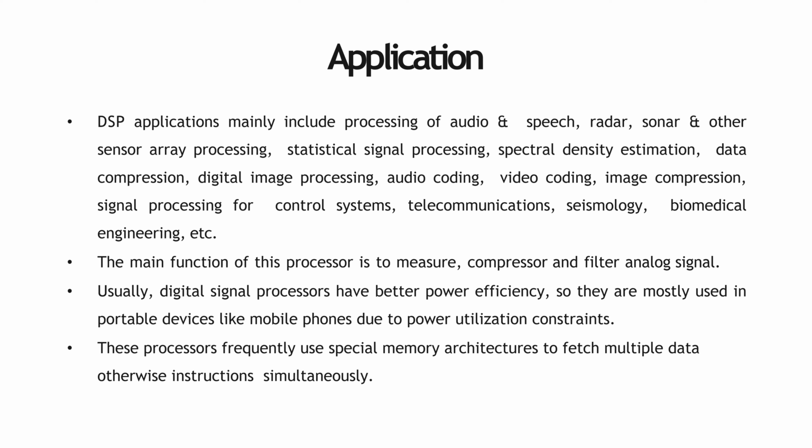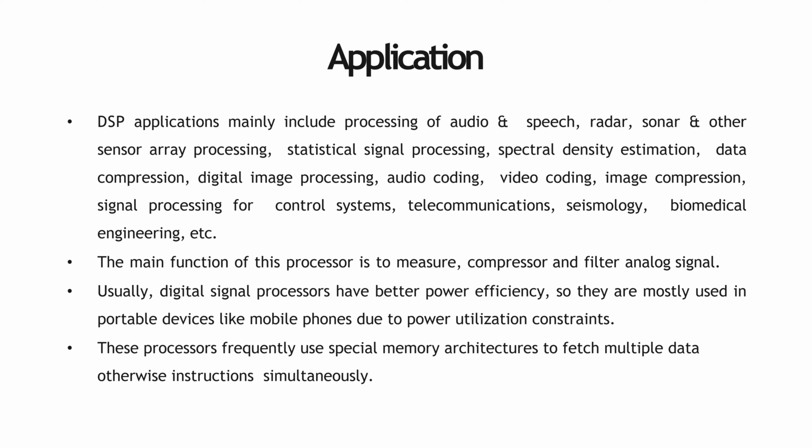So as we saw before, DSP converts real-time analog signals into their discrete equivalent form to perform various operations. Hence, we can say that DSP processors have a wide range of applications in various fields. The main function of a DSP processor is to measure, compress, and filter analog signals.